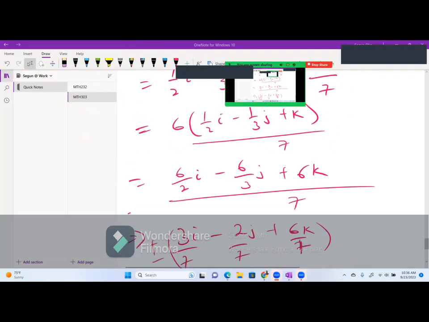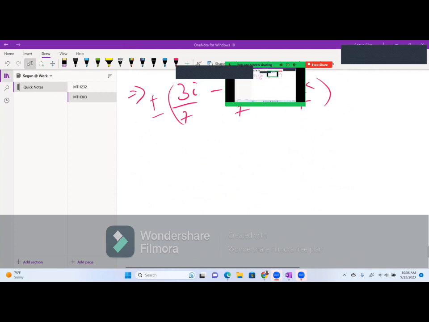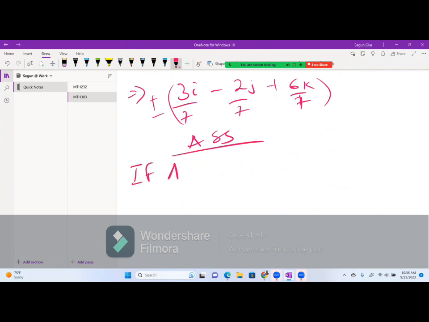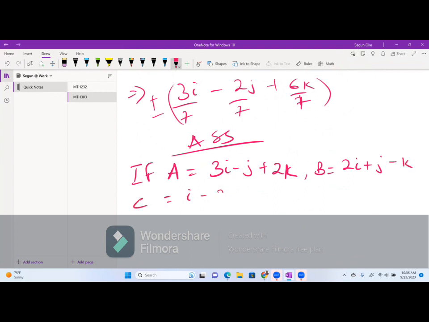So the question is on the cross products assignment. It says if A is equal to 3i minus j plus 2k, B equals 2i plus j minus k, C equals i minus 2j plus 2k.